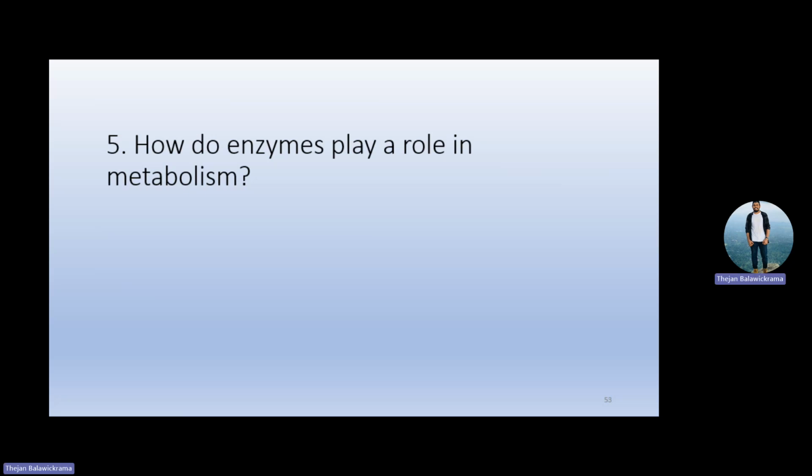The role of enzymes in metabolism. What do you suggest? Oh, and then enzymes, right?